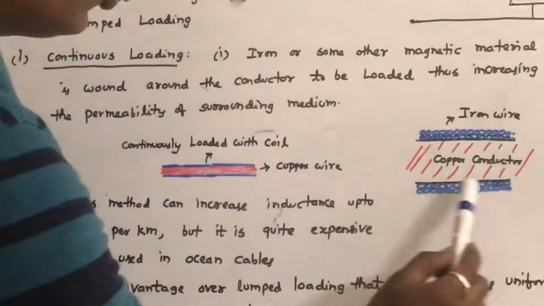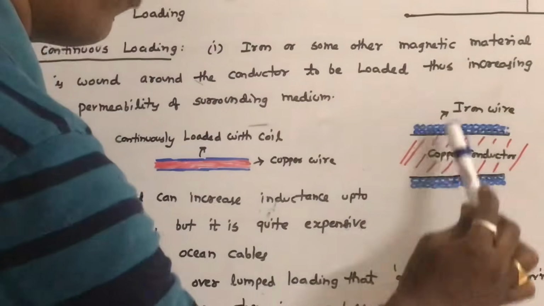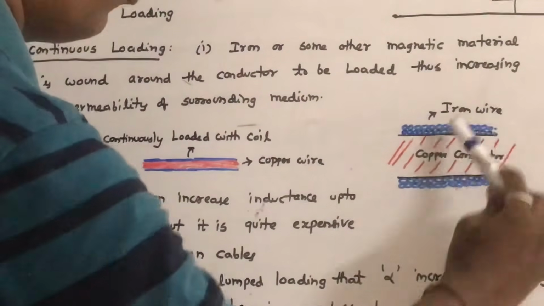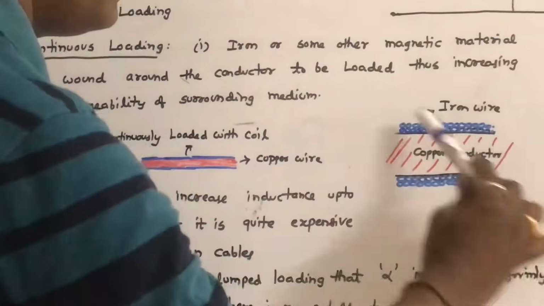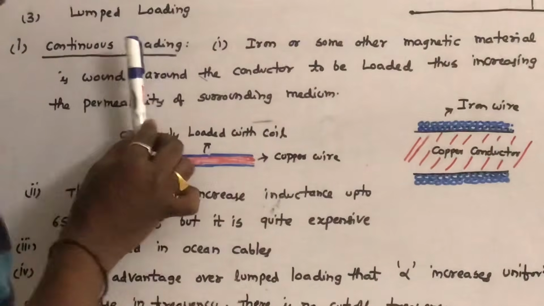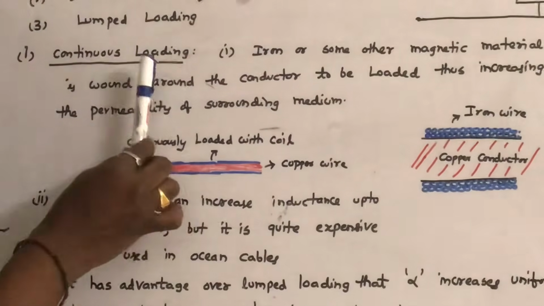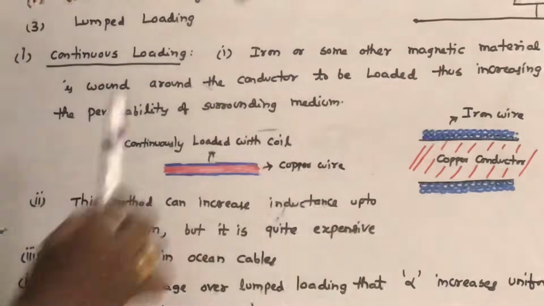The wiring is done over the entire length of the cable in order to reduce the attenuation losses. That is called continuous loading, as the name indicates.